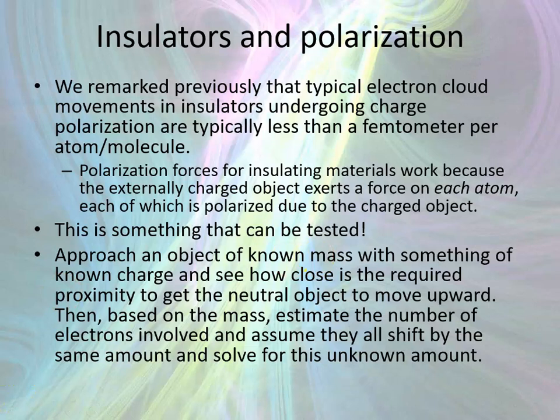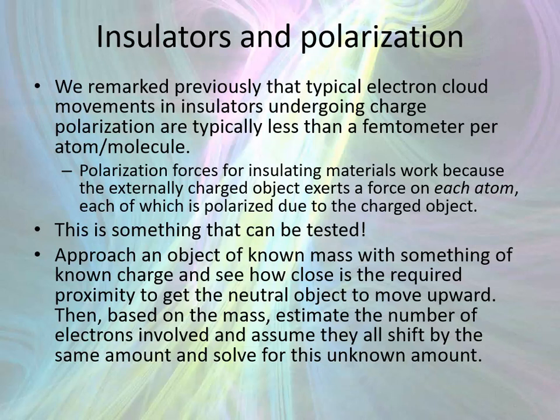Now I should mention that this polarization shift is actually something that can be measured. It can be tested. So we're actually going to do a similar type of calculation in a later example, but that will involve an actual mass movement of electrons. But it's the same type of principle.